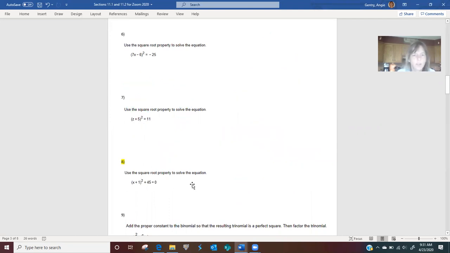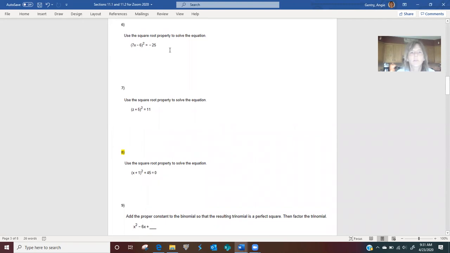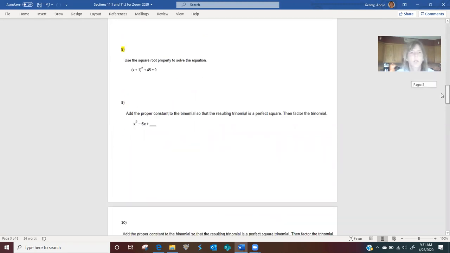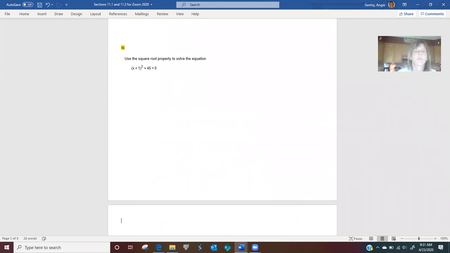Let's do this one again, because we have to isolate. You see how here's already something squared is, something squared is. So you just immediately go into the square root property. On this one here, you're going to isolate the something squared first. So you're going to have something squared equals a constant.